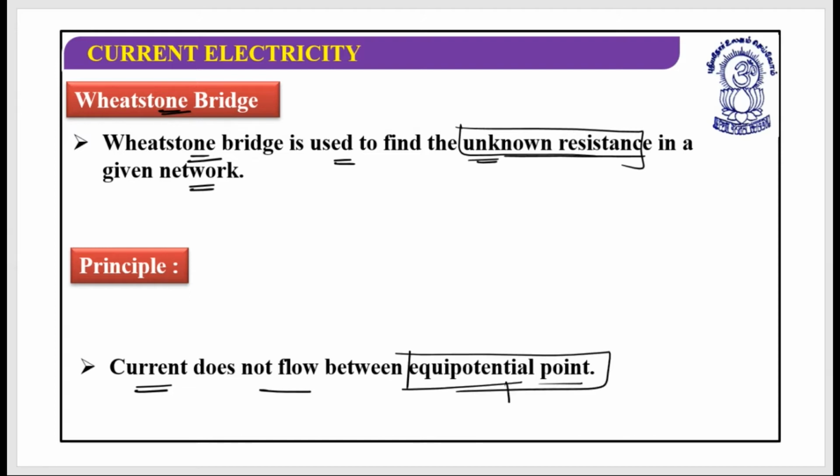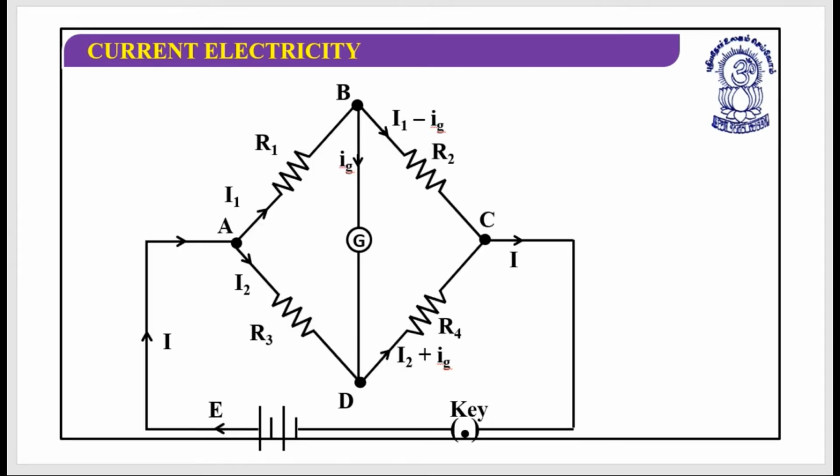When we say equipotential, we mean that the potentials of those points are the same. That is what we understand by equipotential. If the potentials of those points are the same, they can be considered equipotential points.